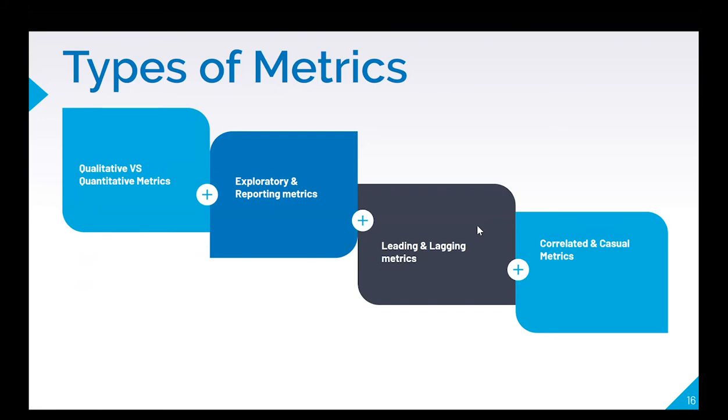So let's look at a few types of metrics. We have qualitative and quantitative metrics. And with qualitative metrics, these are based off of a hypothesis that you have. They're also unstructured and very anecdotal.